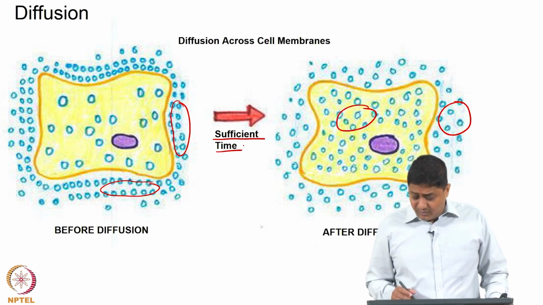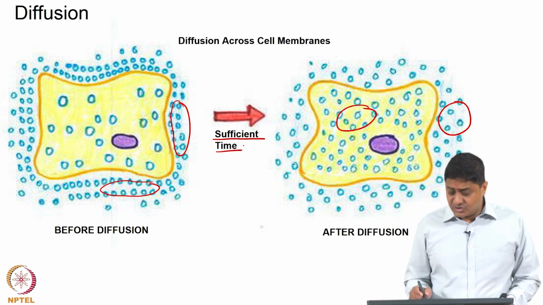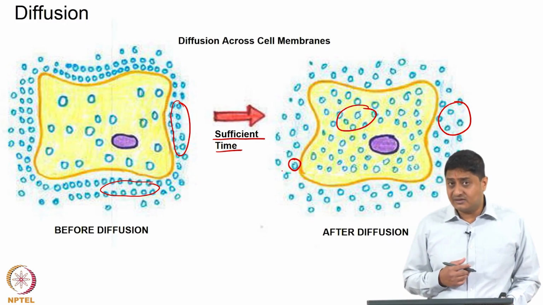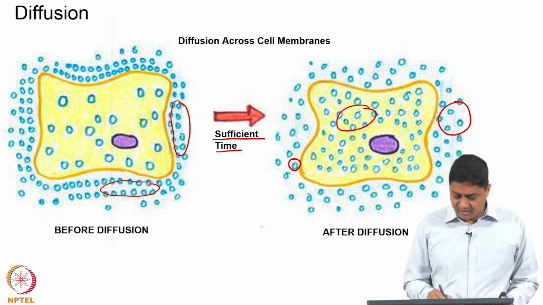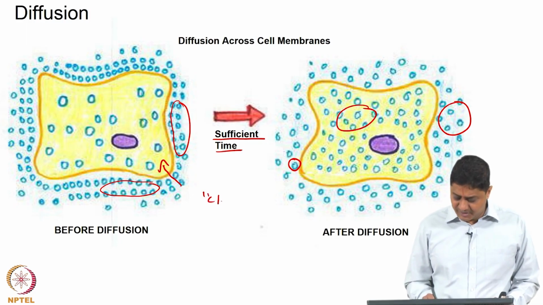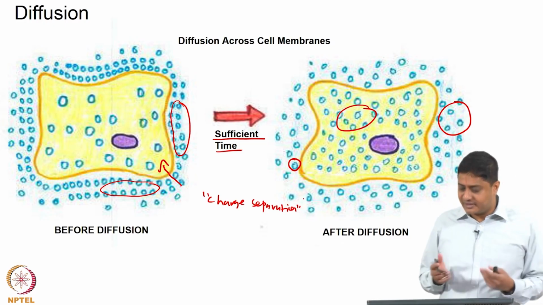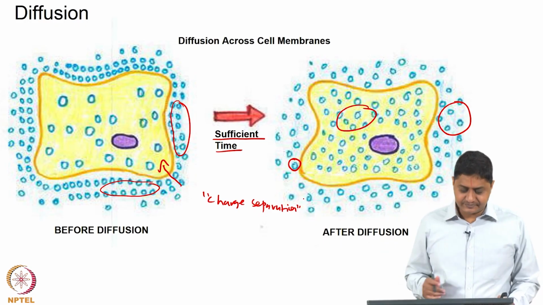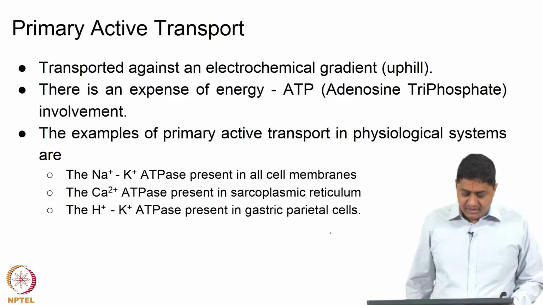Once again, importantly, it is crucial whether this solute is an electrolyte or whether it is a non-charged particle, because if it is an electrolyte, then movement of this substance from outside to the inside will create a charge separation or a potential gradient, and that could affect movement of other ions in future. So, that is something that we would like to discuss in future classes.